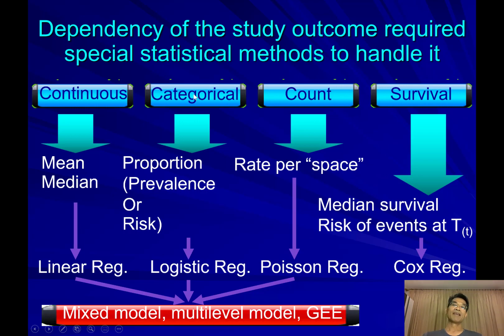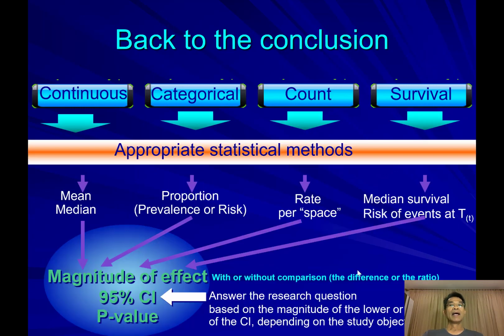So I have mentioned the four most common types of the study outcome or dependent variables that determine statistics. So that means that's a guide. Please don't worry if you don't understand anything here. I just want to tell you that there is a guide.